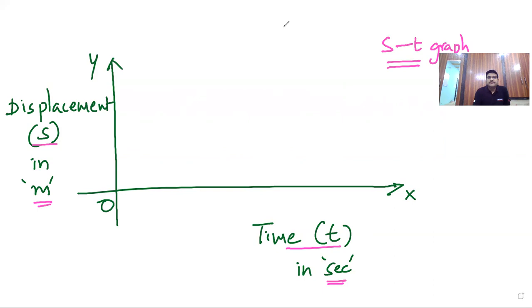Now observe. There is a line like this. This is 10 meters on the y-axis. This is point A. Corresponding on the time scale, this is 10 seconds.